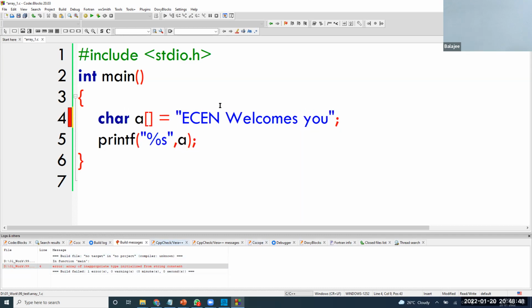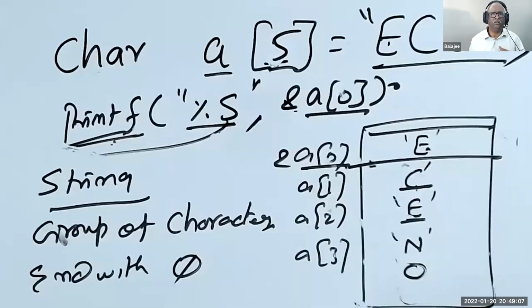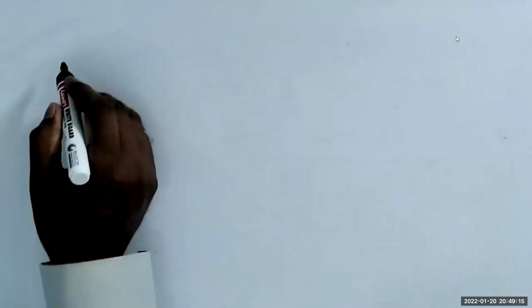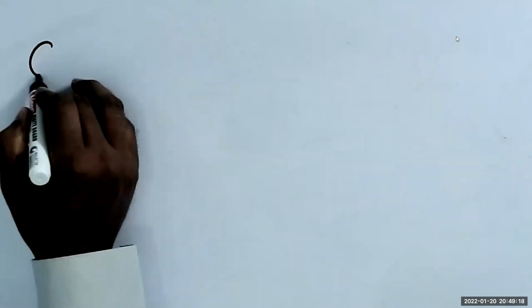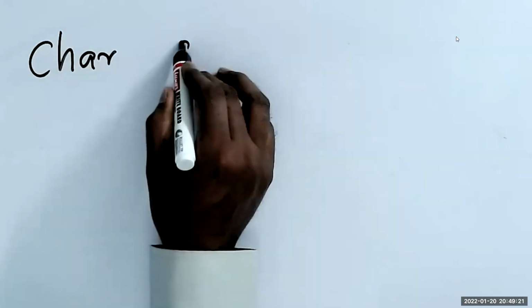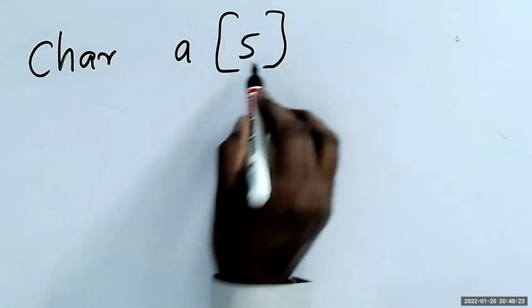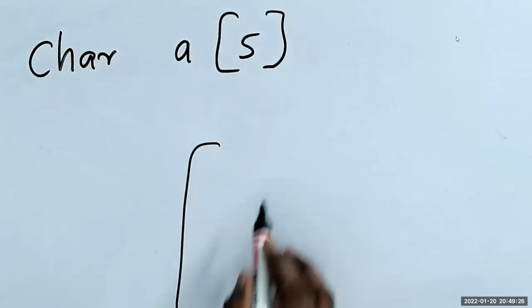So please understand, the things are very simple. So let me go back to the board and explain the thing. Then you will understand what this is. Please understand, if you say char a of 5, then 5 locations are allocated in the memory for you.